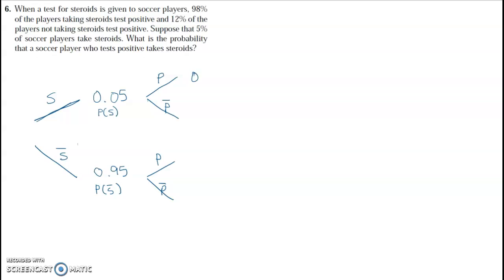I would put 0.98. What this really means is the probability of positive given S. This information naturally makes the other part 0.02. Again, the entire probability needs to add up to 1. So this is the probability of not positive given S.